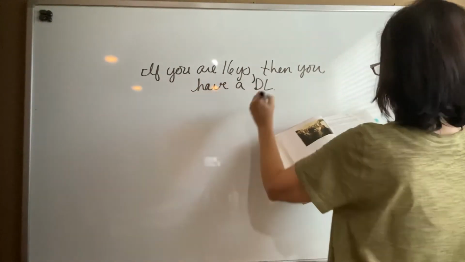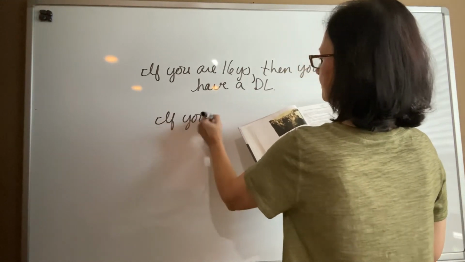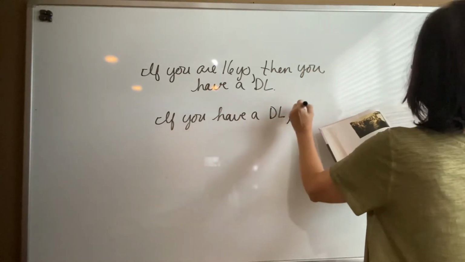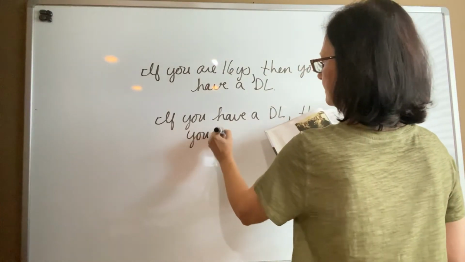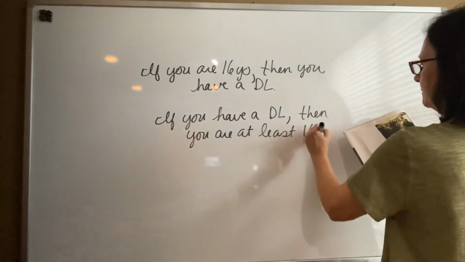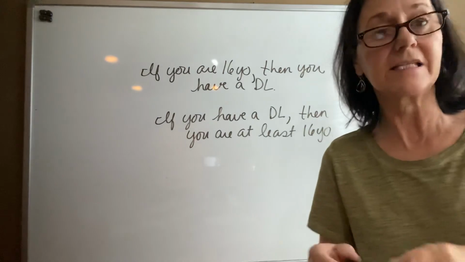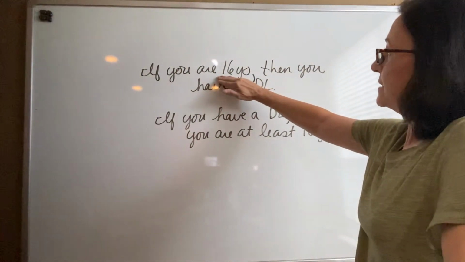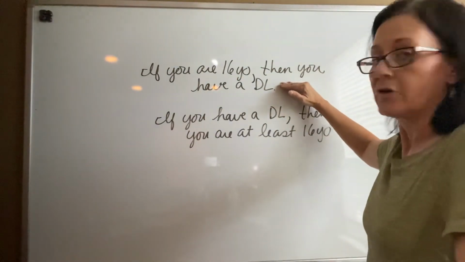I'm abbreviating a little bit. Okay, let's look at these two statements and let's ask ourselves, are they necessarily true? Here, the hypothesis is you're 16 years old. The conclusion is you have a driver's license.